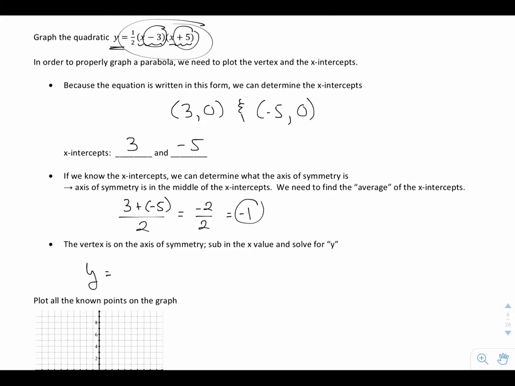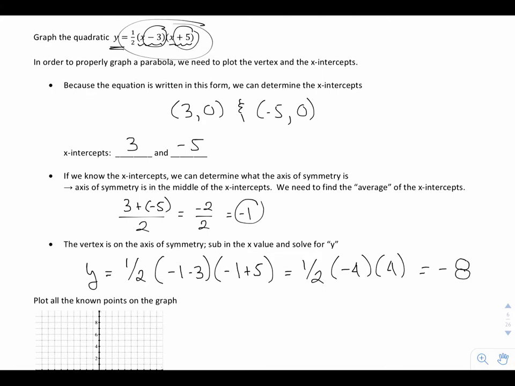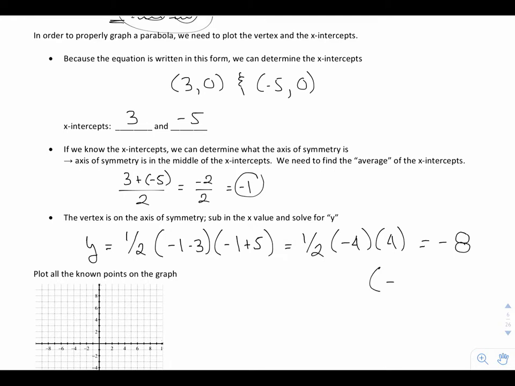So I have y equals 1/2 times (-1 minus 3) times (-1 plus 5), and this gives me 1/2 times -4 times 4, and that's going to be -16/2, which is -8. So there we have it. Your vertex is (-1, -8).